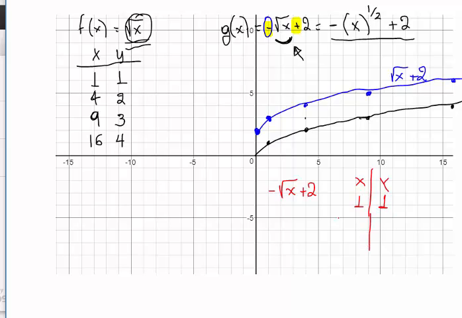When x is 4, y is going to be negative 2 plus 2, 0. And when x is 9, the y coordinate is going to be negative 3 plus 2, negative 1.